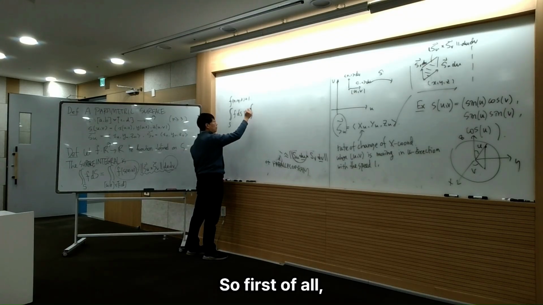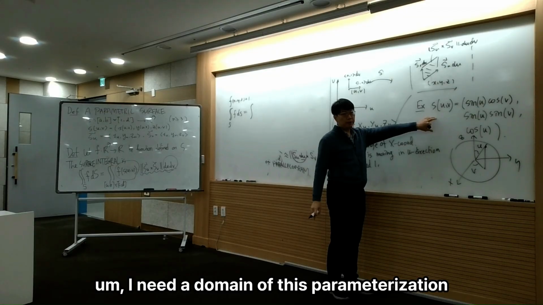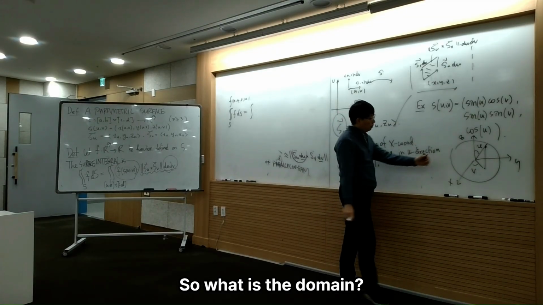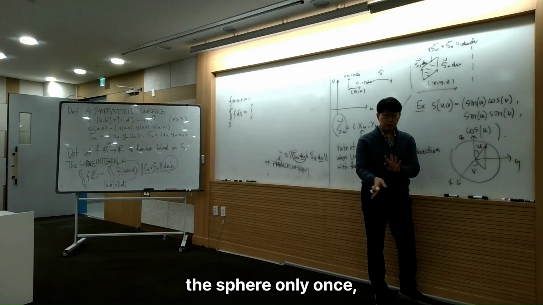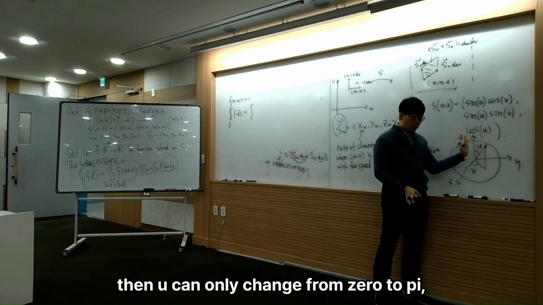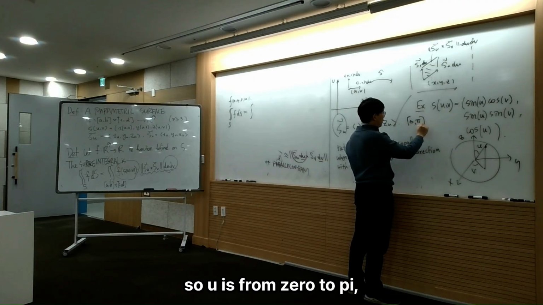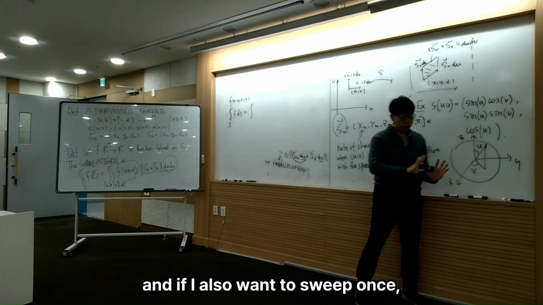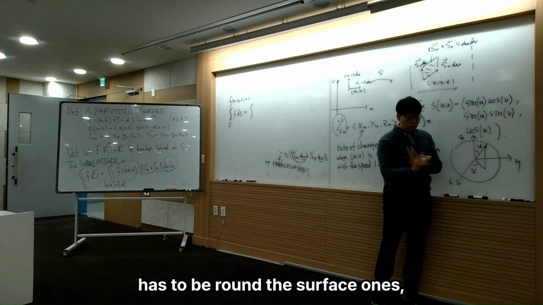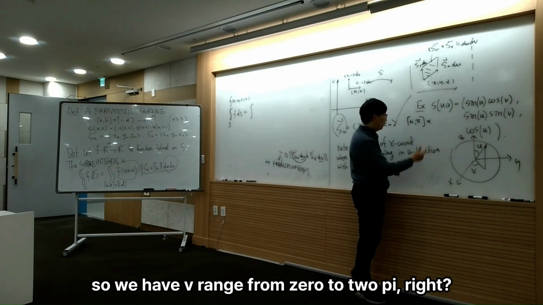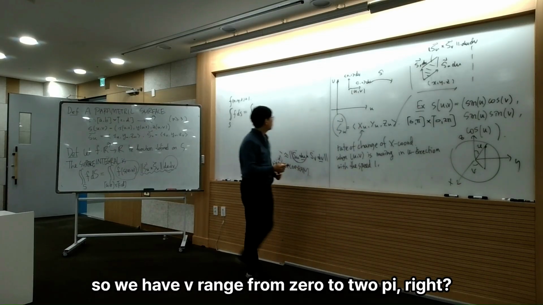First of all, I need a domain of this parameterization. So what is the domain? If I want to sweep around the sphere only once, then u can only change from 0 to pi. So u is from 0 to pi. And if I also want to sweep once, then my v has to go round the surface once. So we have v ranging from 0 to 2 pi, right?